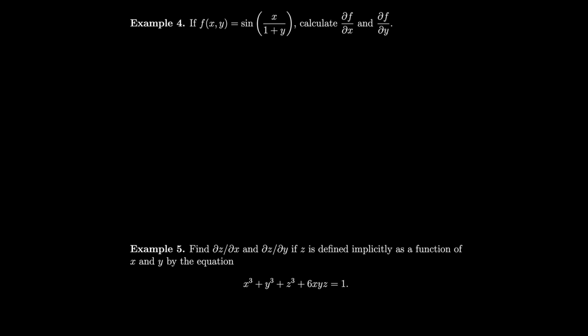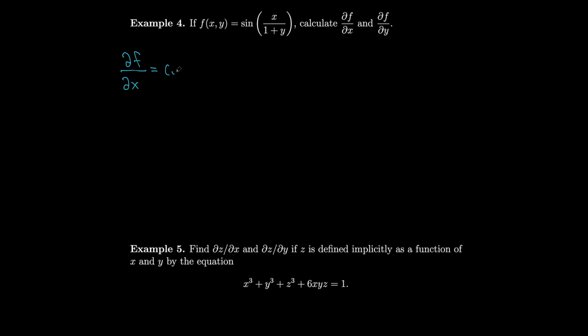Okay, how about we try to get these partials when we have a sine of a function. So we have a function composition. Looks like we need our chain rule from single variable calculus. So we'll try to get the partial with respect to x first. If we're pretending that y is constant, this is like sine of x over some constant.